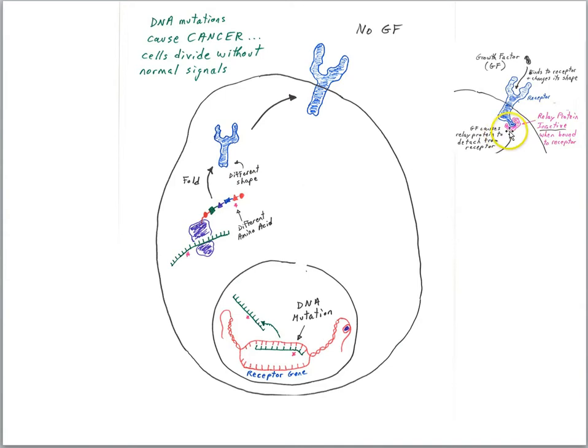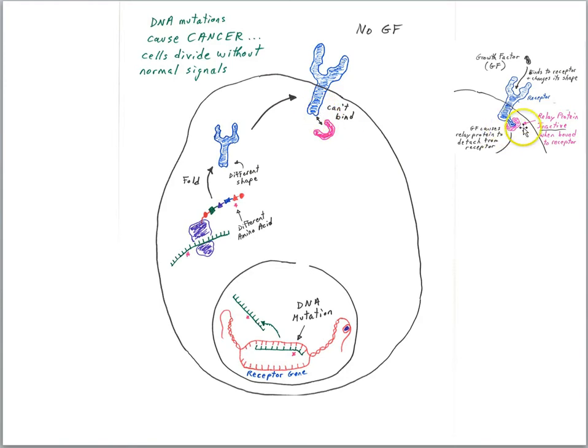And just as a reminder, the normal receptor had that little blue piece coming out here that the relay protein could stick to. So what we have then is a situation where this receptor may be in such a state that it cannot bind the relay protein. In other words, the relay protein can't stick to it.